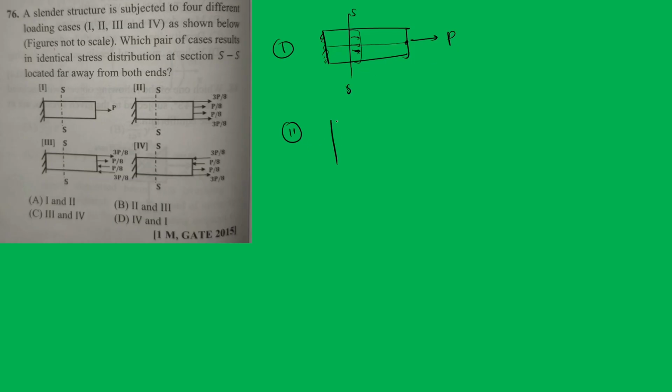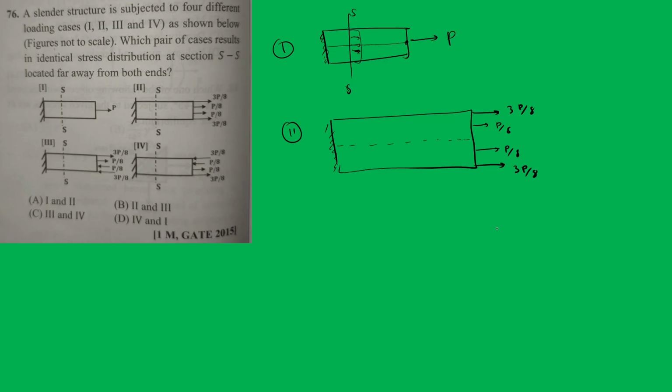In the second one, again you have the same body, and let me draw it with a dashed line. On top of it you have 3P by 8 and then P by 8. At the bottom again you have P by 8 and 3P by 8.